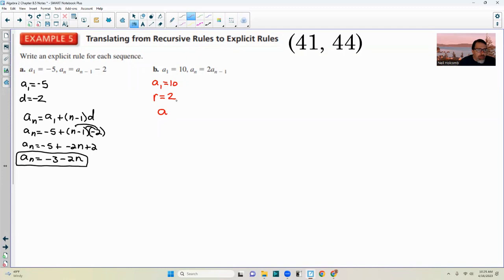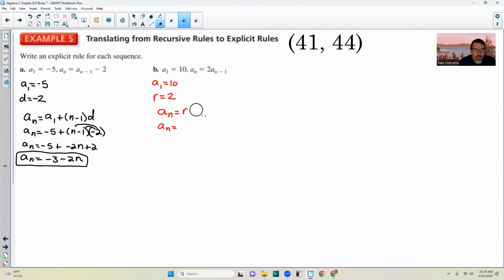And the recursive rule is a sub n equals r times a sub n minus 1. Okay, so you write the rule and now we substitute our givens in. So a sub n is going to equal r times a sub n minus 1. Oops, I'm sorry, it's 10, our first term.